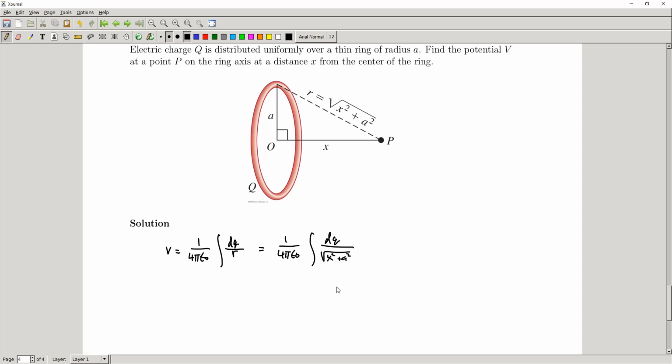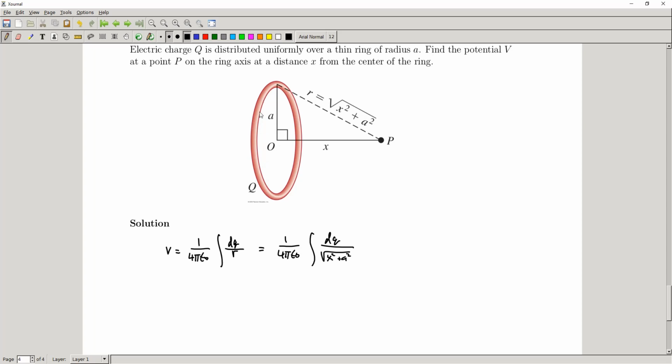So this could have ended up being tricky, but it's not going to be in this case, because let's think carefully about what dq is here. Can these tiny little chunks of dq have any x or a dependence? Well, not really. No matter where we go on this ring, a is fixed.